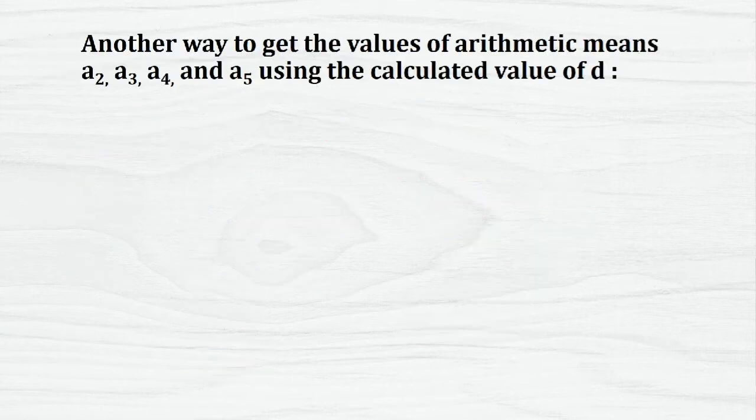Another way to get the values of arithmetic means, a sub 2, a sub 3, a sub 4, and a sub 5, using the calculated value of d is this. Okay, so our common difference is 4. And then we have 5 as the first term. Okay, we insert 4 terms. And our last term is 25.